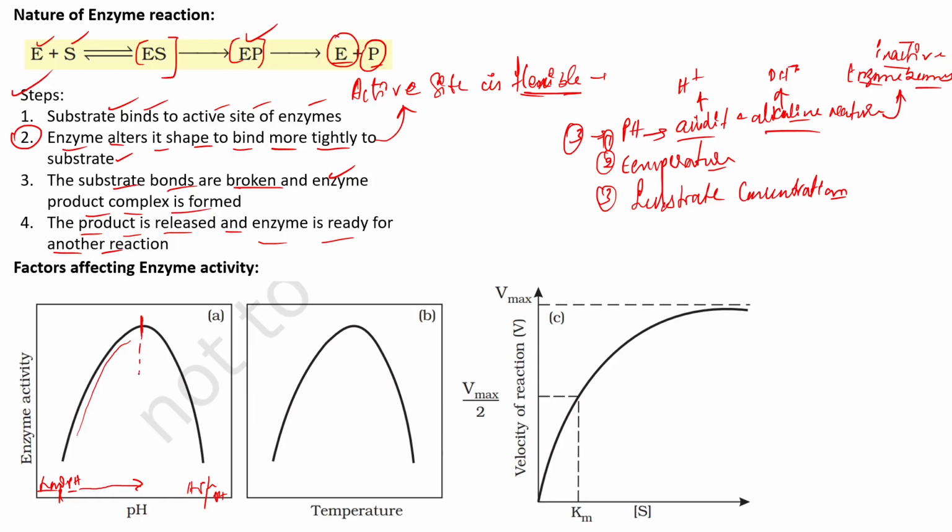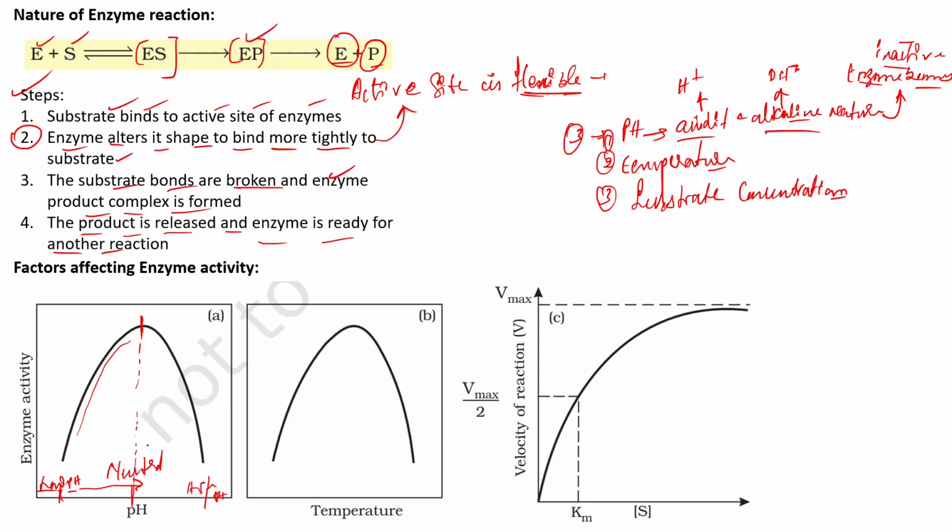Now if you draw a line from the peak of that graph to the x-axis, you can see that the best activity of the enzyme is at a kind of neutral pH. Don't you think the peak is exactly in between the high and low pH?